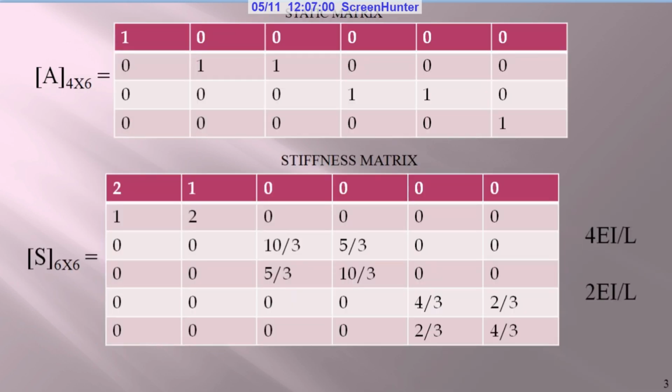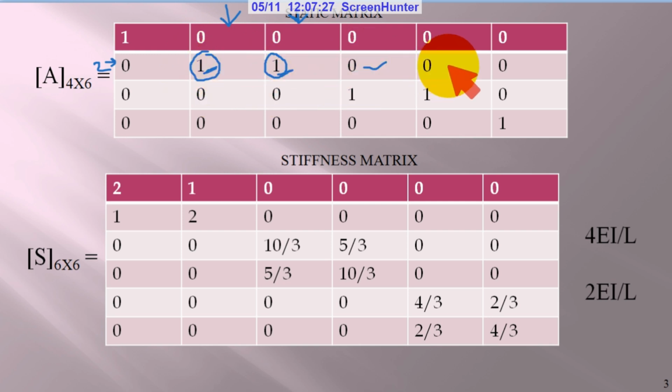So see here, at second row, NP, second row, second and third column, there are fixed end moments. So wherever there are fixed end moments, I have written here 1 and 1.